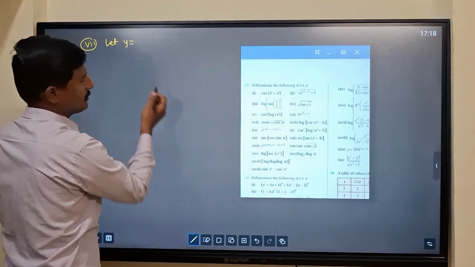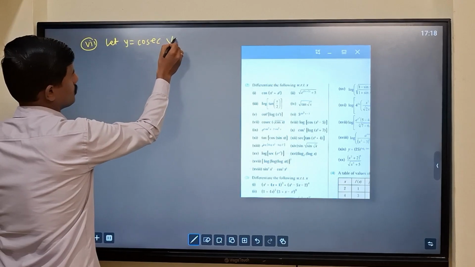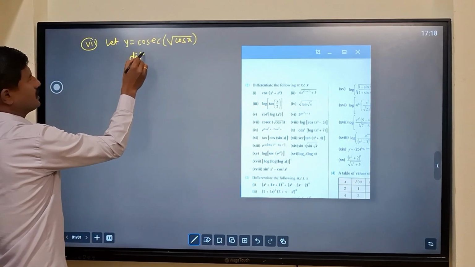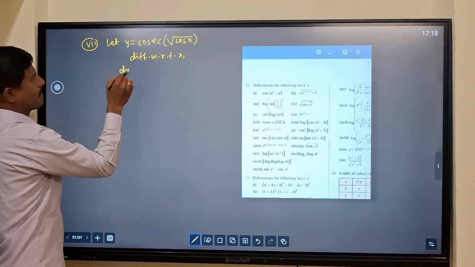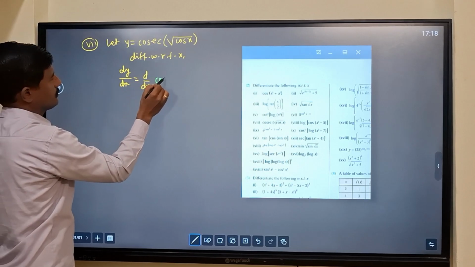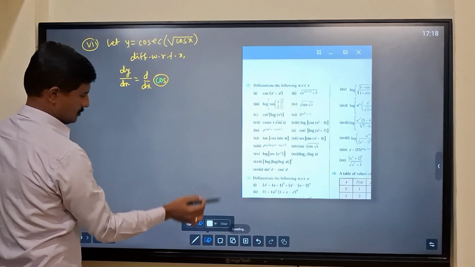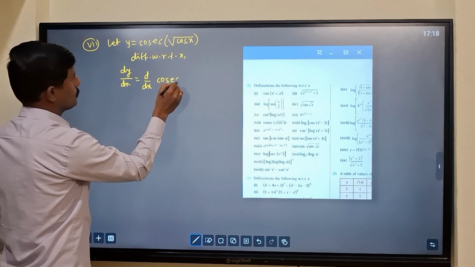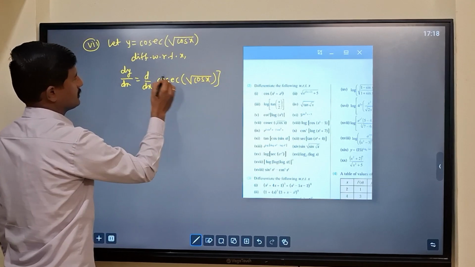Seventh one. Let y equal to cosec square root of cos x. Differentiate with respect to x. dy by dx is equal to d/dx of cosec square root of cos x.